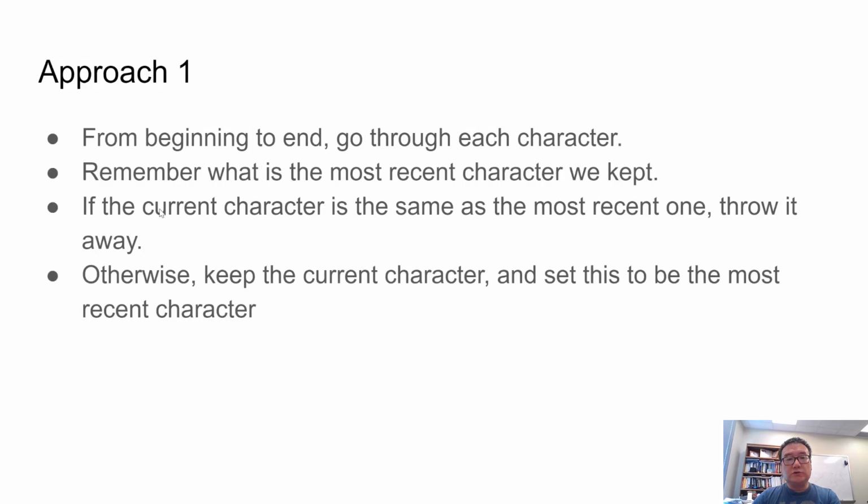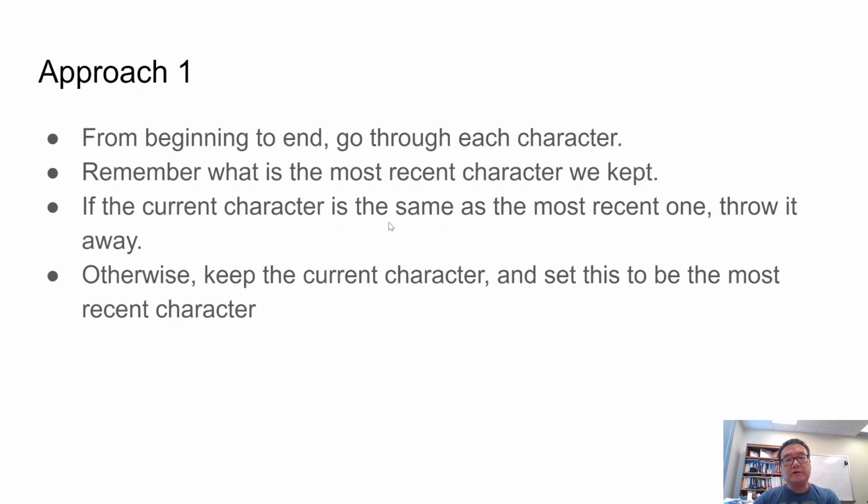So to solve this problem, one approach is we go through the string from beginning to end and look at each character. And in order to determine whether we can keep that character, we need to remember the most recent character we have kept. So what is the previous one?